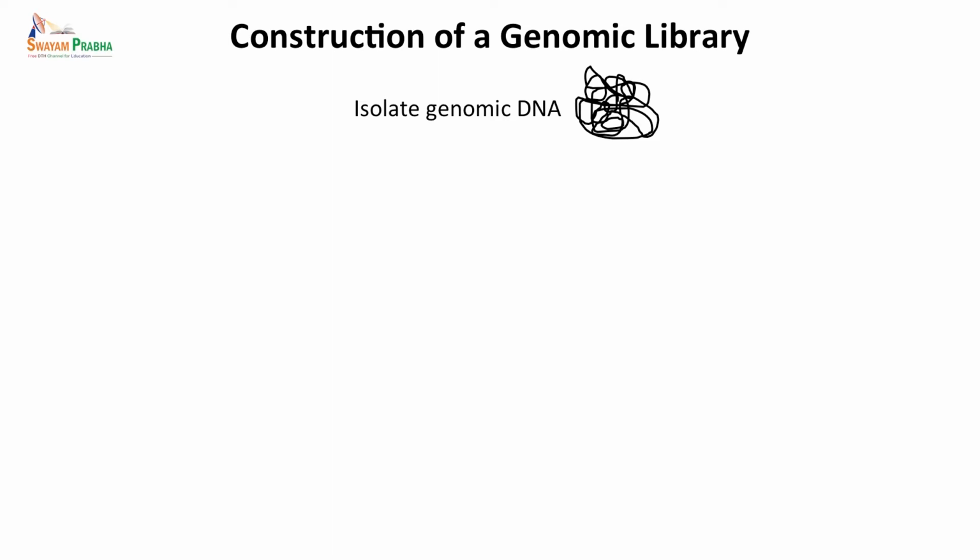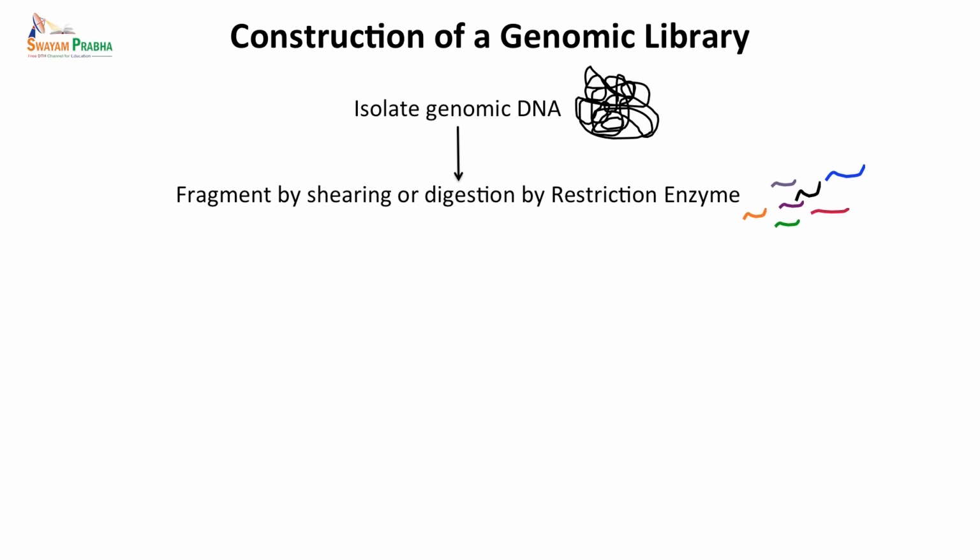But essentially, you have to first isolate genomic DNA, and then you have to fragment that genomic DNA. Now, this can be done by just shearing the chromosomal DNA, or you can digest the chromosomal DNA by restriction enzymes, so that you have a collection of all these different DNA fragments in a tube.